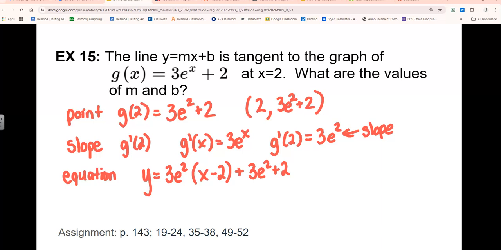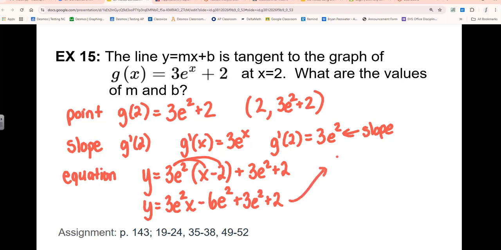Our answer is not pretty on this one, right? We've got to distribute. And so when I do that, I get 3e squared times x minus 6e squared plus 3e squared plus 2. And I could combine that negative 6e squared and the positive 3e squared. So that would look like this.